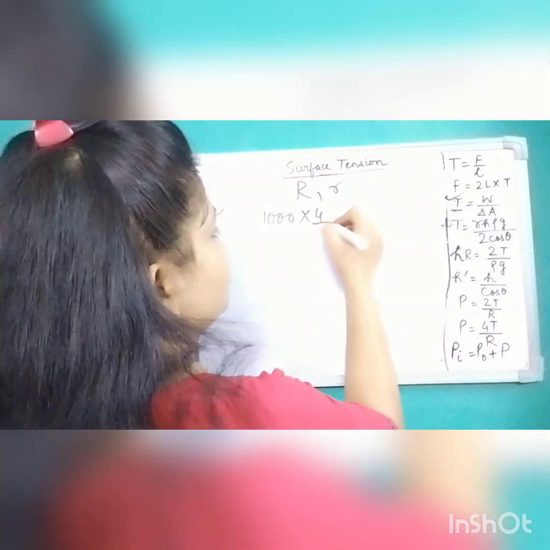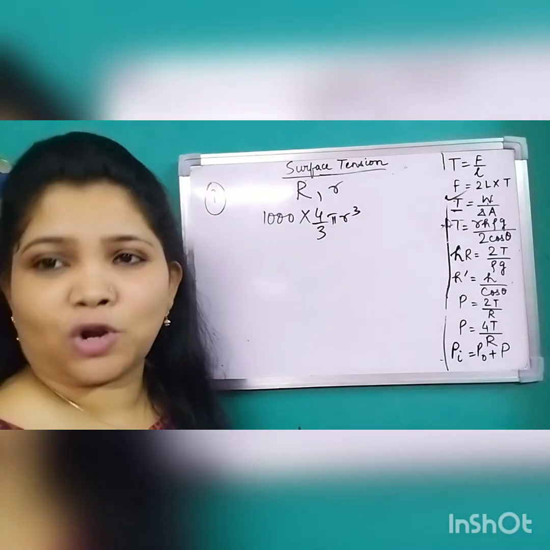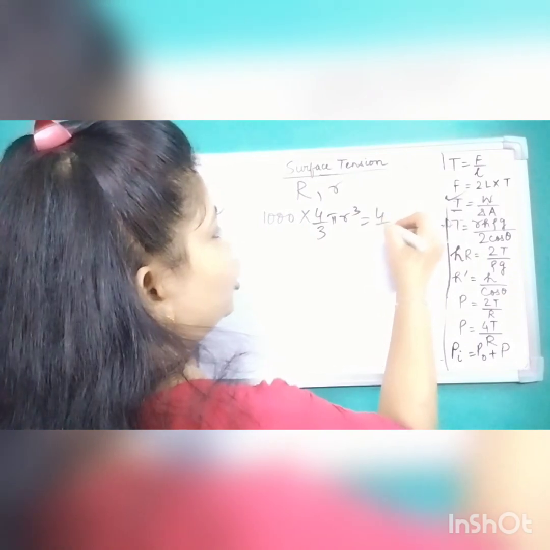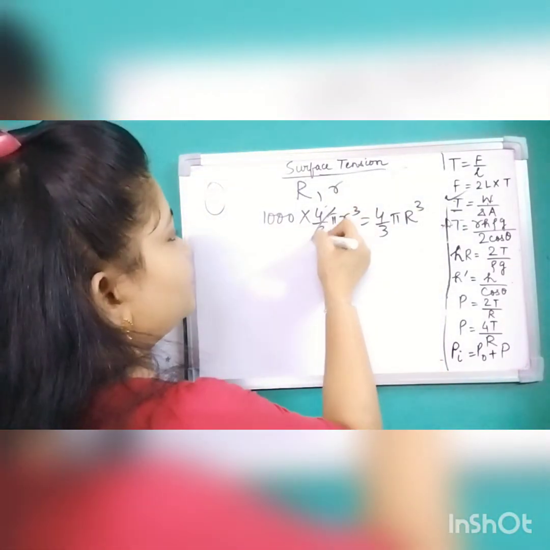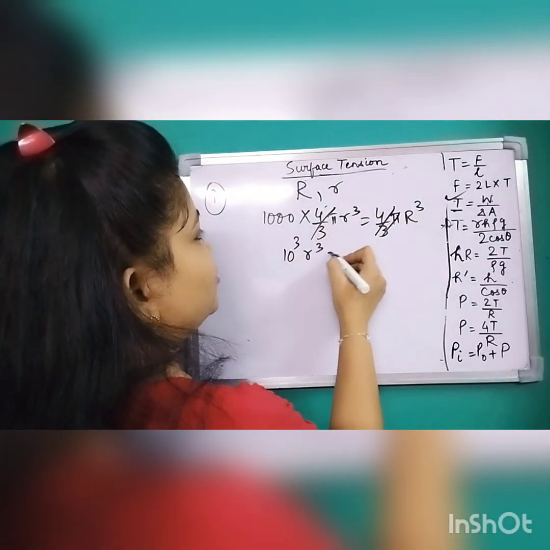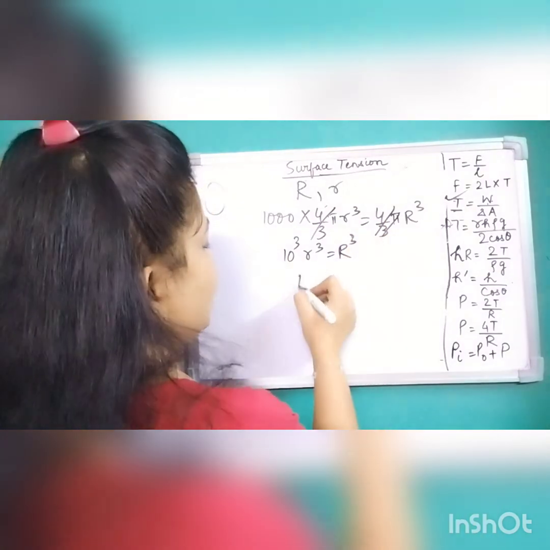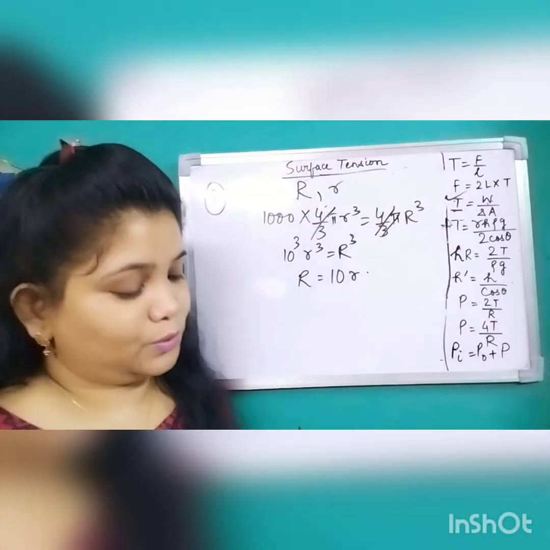So 1000 into 4 by 3 pi r cube, because r is the radius of the smaller drops, is equal to the volume of the bigger drop with radius capital R cube. So 4 pi gets cancelled. We are left with 10 to the power of 3 r cube is equal to R cube, or R is equal to 10 r.